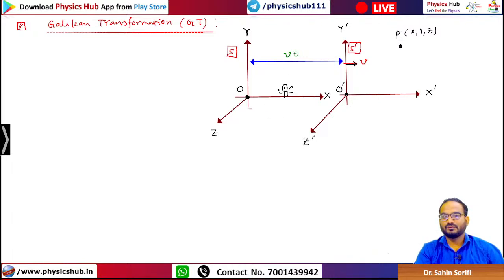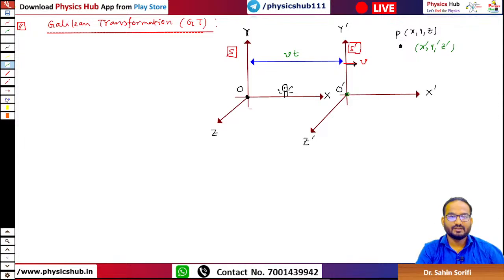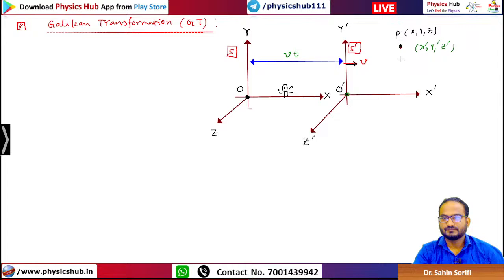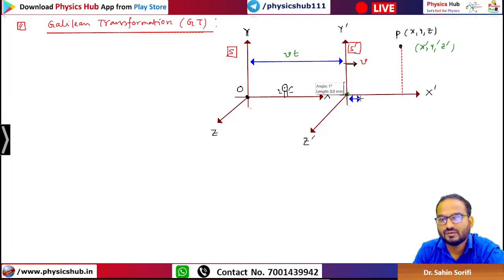Now you see, with respect to O prime, if you want to go to this point P, it will be X prime, Y prime, Z prime, right? If I talk about this much length, this length is X prime.